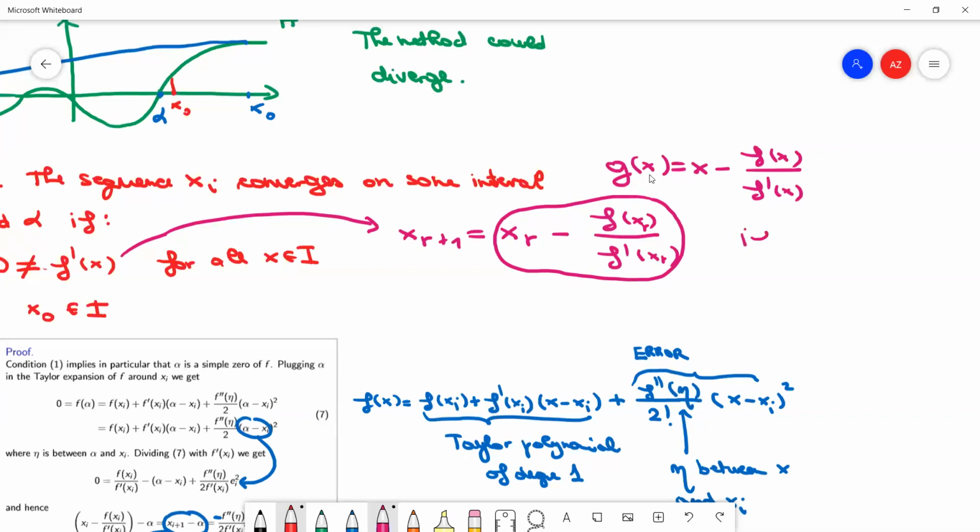If f of alpha is 0, then g of alpha is alpha. And we can see the tangent method as the iteration of g. So x_{r+1} is just g of x_r. This is called fixed-point iteration.